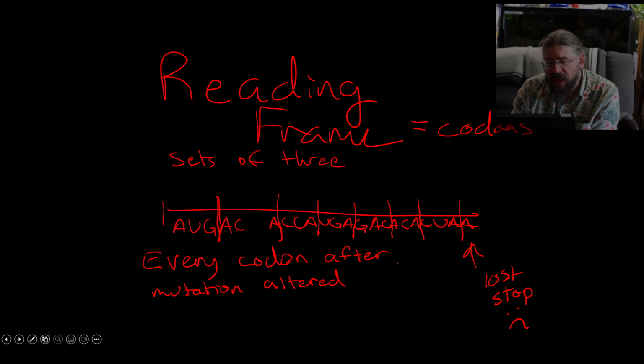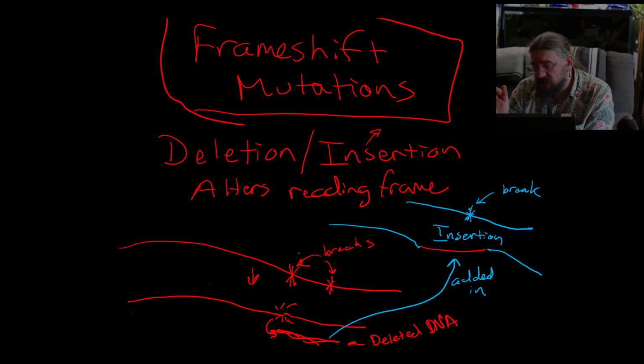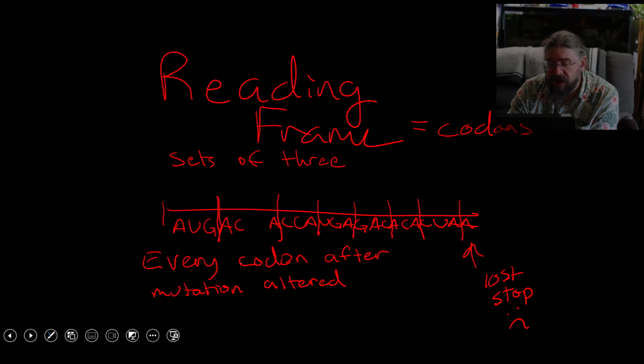So frame shift mutations are a big deal because they change the reading frame. So if you get a number of nucleotides deleted out of that chromosome that are not in a multiple of 3, then the reading frame shifts.